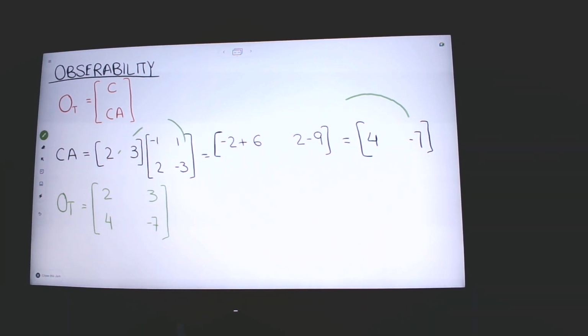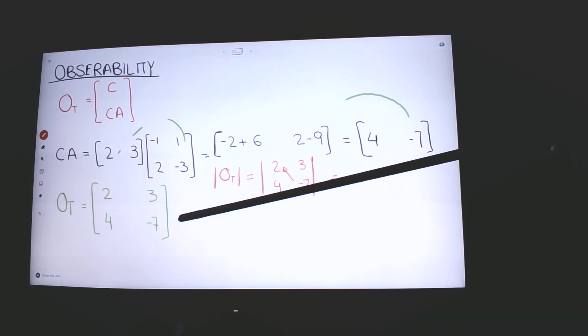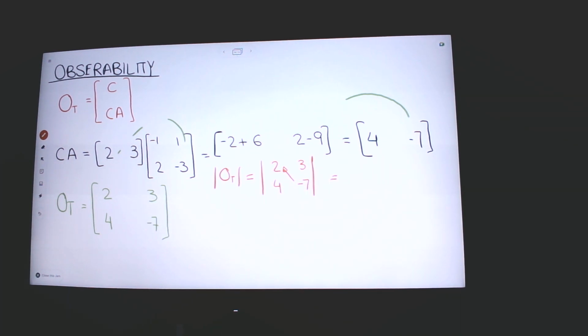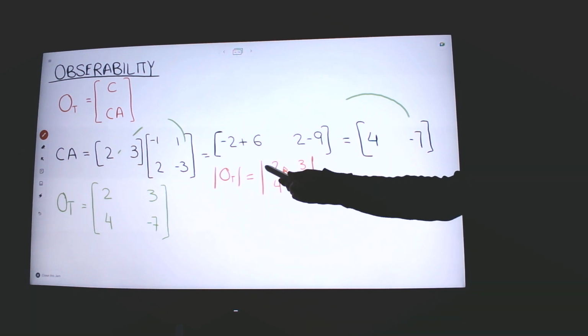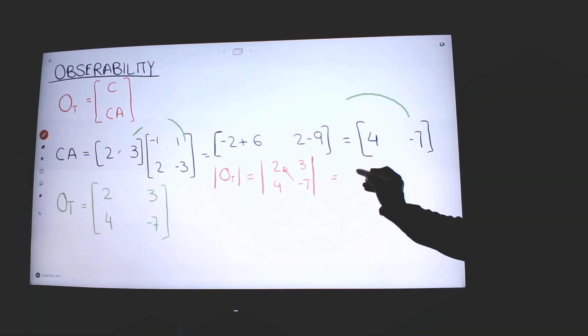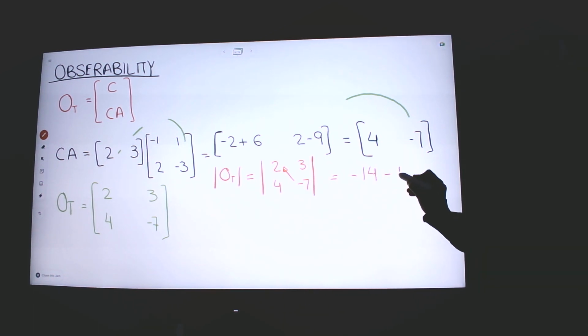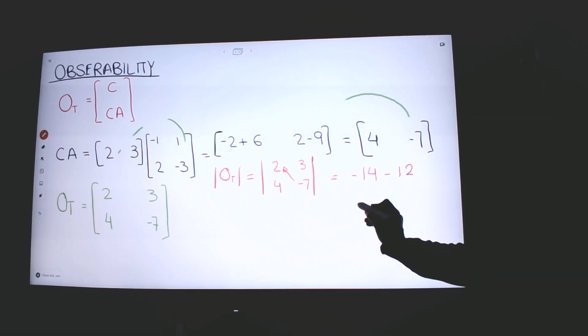So I need to find the determinant of this matrix OT, the observability matrix. So minus 7 times 2, which is minus 14, minus 4 times 3, which is 12. What is the answer? Minus 26.